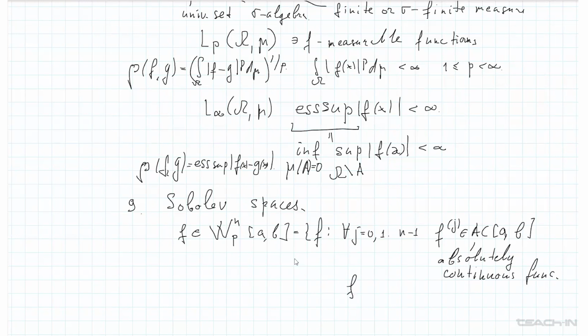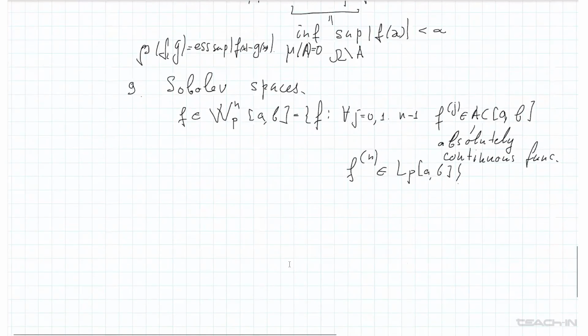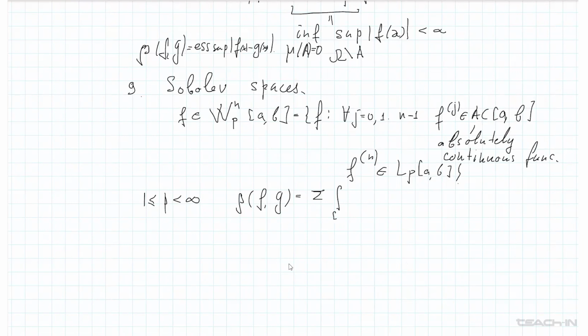And the last derivative is from LP. For example, for finite P, we can write the metric as a sum of integrals over AB, Lebesgue integrals of F and G, with corresponding derivatives.